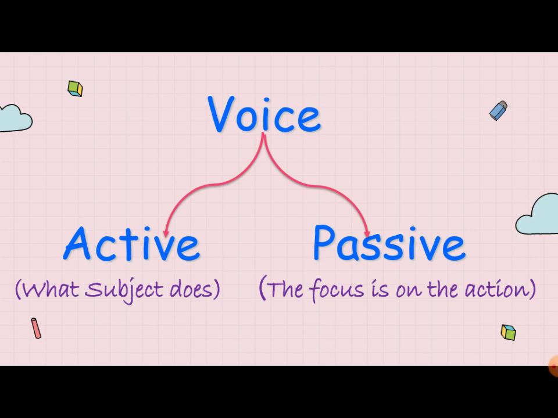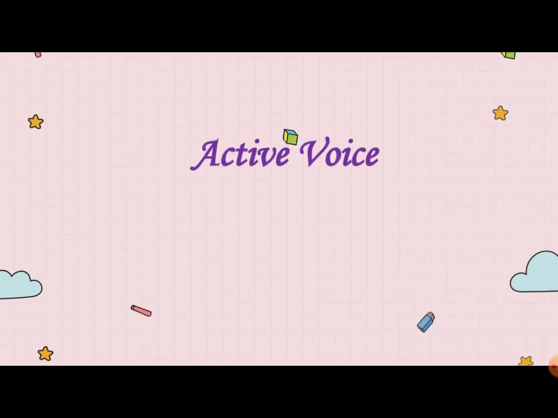So if the sentence is focusing on the subject, then that sentence is said to be in active voice. But when the sentence is concentrating on the action done and not the subject, then such type of sentence is called passive voice. Let's go in detail.